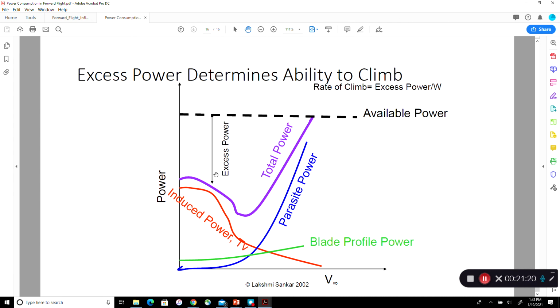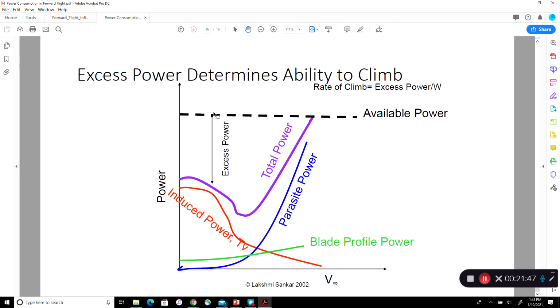So the excess power is what you have to climb vertically up or down or gain altitude. So when the vehicle is trying to gain altitude, like a helicopter from low altitude to high altitude, it's this excess power divided by the weight of the vehicle that is the rate of vertical climb. So you could estimate the vertical climb rate from this excess power divided by the vehicle weight.